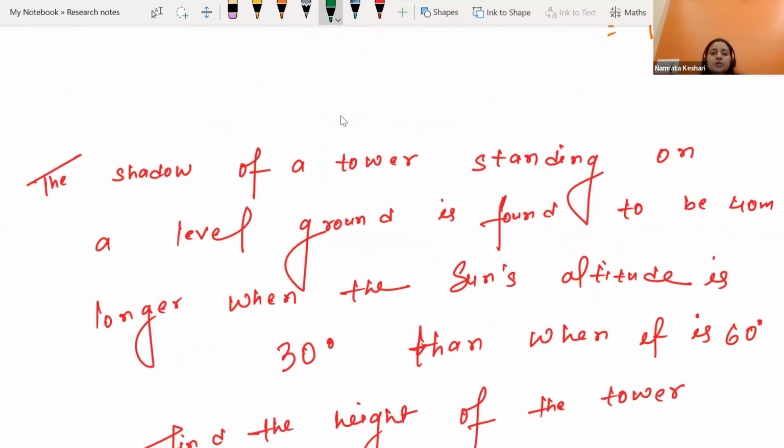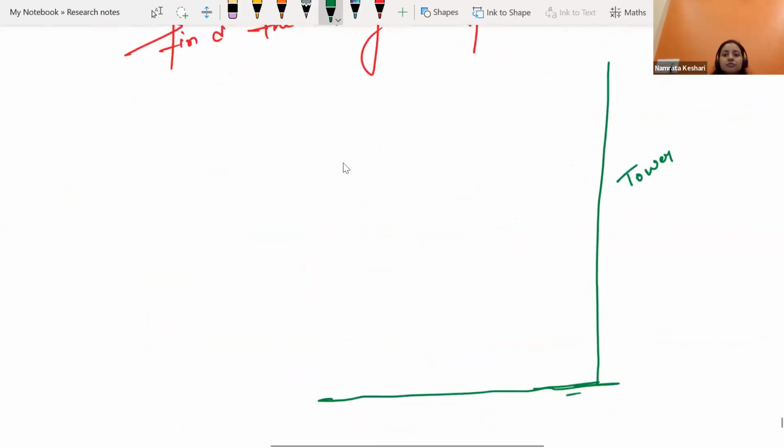When I place the shadow, you can take the tower on this side or that side, it doesn't matter. Basically a tower is there which is standing like this. If a tower is like this, its shadow will be somewhere here.